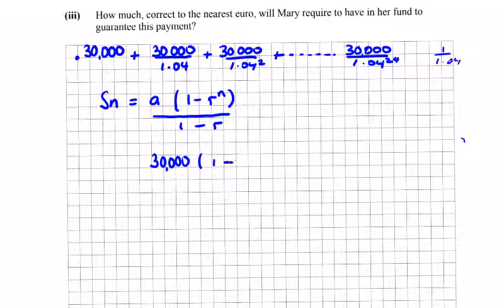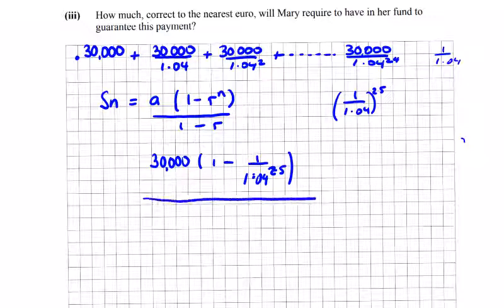So we're going to have 1 minus 1 over 1.04 to the power of 25, there's 25 terms. So that will be 1 to the power of 25 over 1.04 to the power of 25. The 1 to the power of 25 will just stay as 1. And then divided by 1 minus 1 over 1.04.